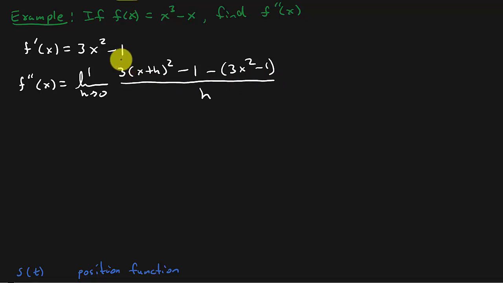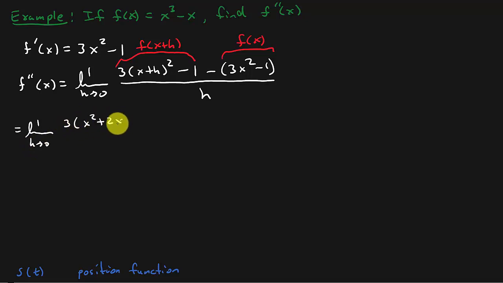This is f of x plus h, and this is f of x, just using the limit. So we get the limit as h goes to 0 of 3 times x squared plus 2xh plus h squared minus 1.